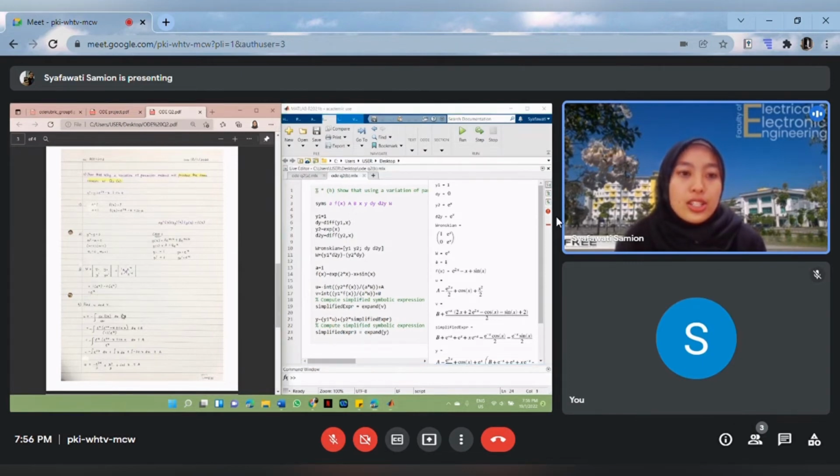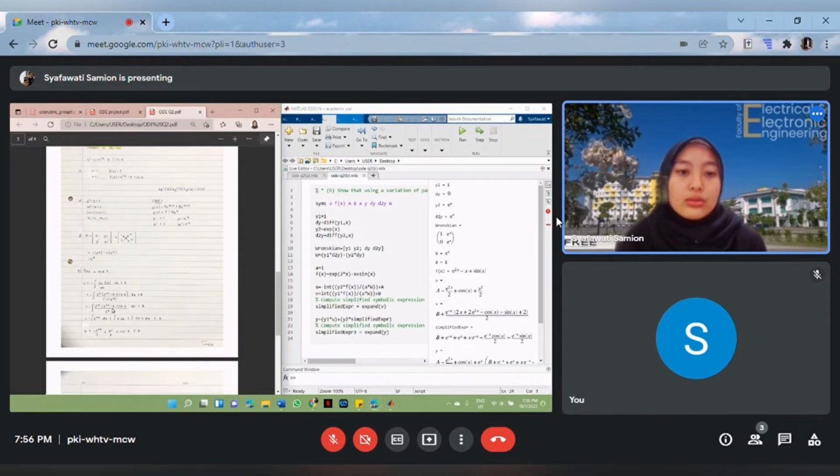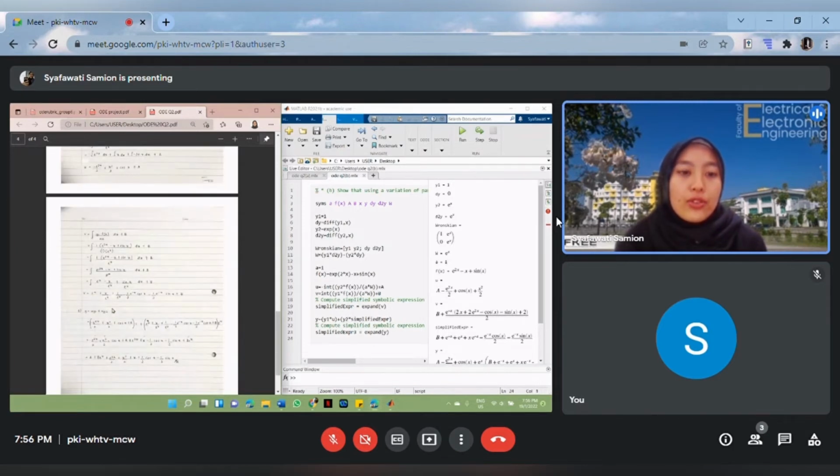For the fourth step, we have to find the value of u and v. And for the last step, we have to find the value of y, which equals to u y1 plus v y2. And the answer from the manual calculation is proven right through using the MATLAB simulation software.